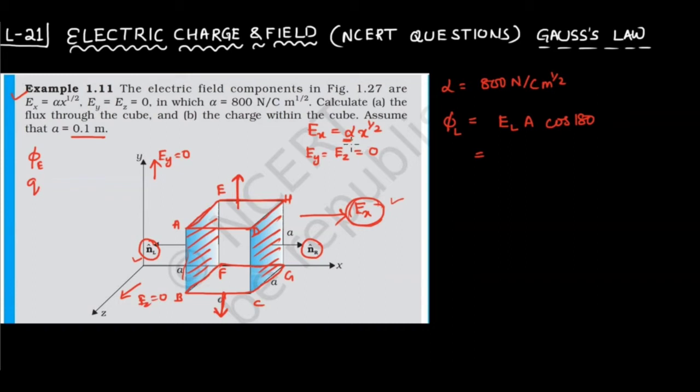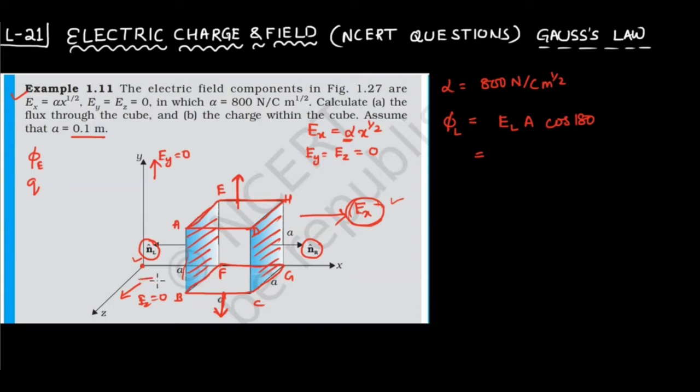Look at the x component of the electric field. Ex is equal to alpha x to the power half. X means the x coordinate of the surface. It is given that the left surface is at a distance of a from the origin.